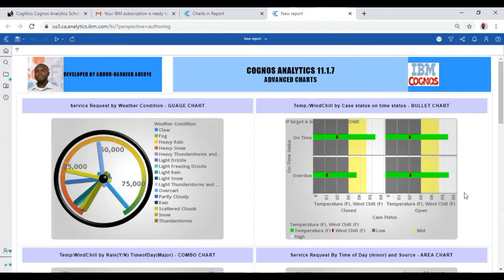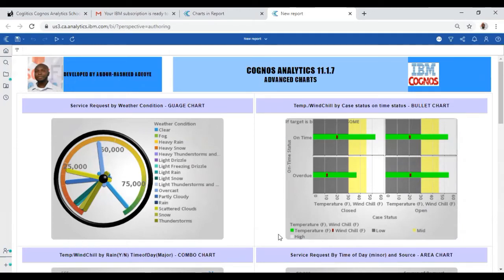Okay, this is a bullet chart, and the bullet chart is showing temperature and wind chill by case status and on time status. We can see that the y-axis is telling us the on time status, if it is on time or overdue, while the x-axis is telling us the case status, if it is closed or open. So that is what we are having here.